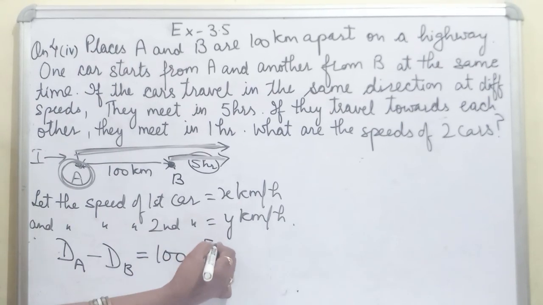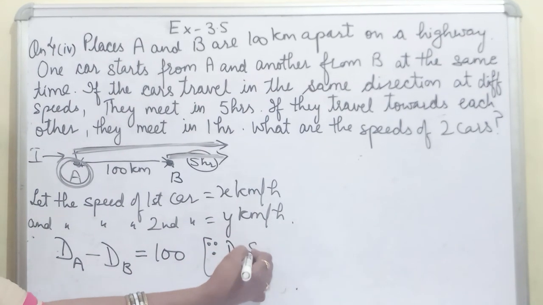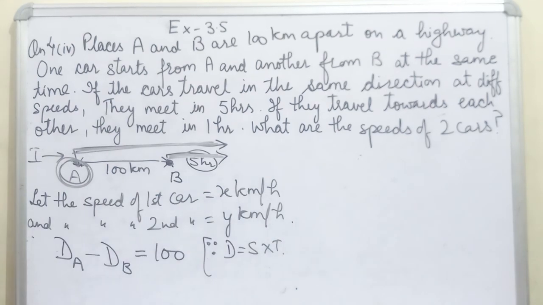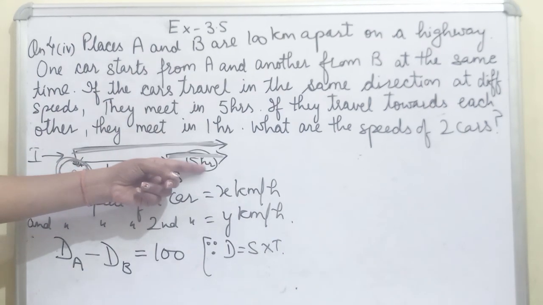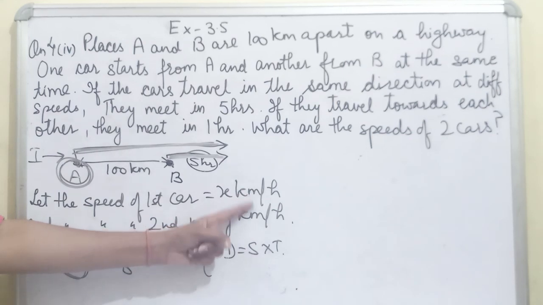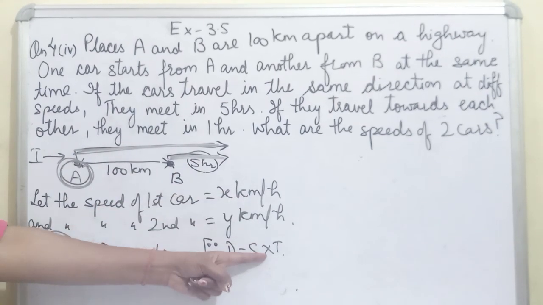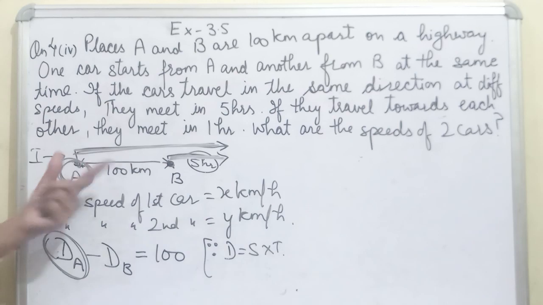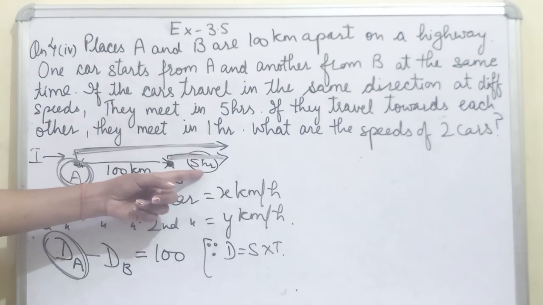And you just told me the formula. Distance is speed into time, and we know that they will meet after 5 hours. So what will be the distance of car A according to this formula? Speed into time, because both cars are taking time equal to 5 hours.